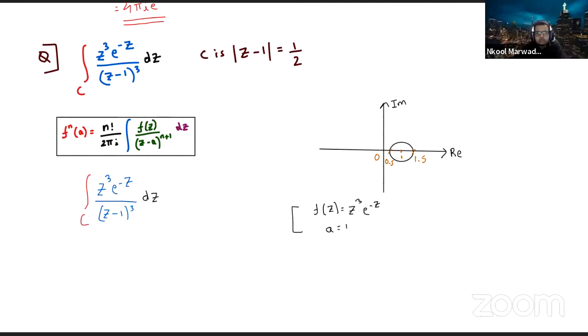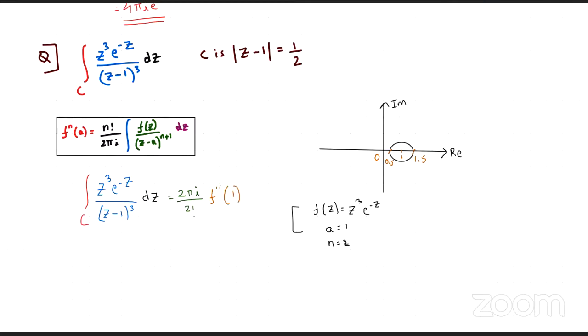So according to the formula, it has to be 2 pi i upon 2 factorial multiplied by f double derivative at 1.